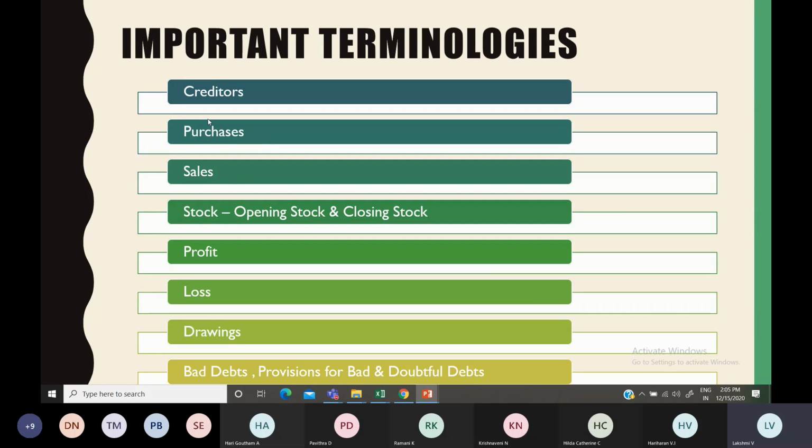Cash purchases, credit purchases. Similarly, cash sales, credit sales. Cash means what, credit means what, most people know, right? Cash purchase means if I am purchasing and on delivery I give the payment to that supplier immediately. If I require 10 units of stock from the supplier and pay on delivery, that is a cash purchase.